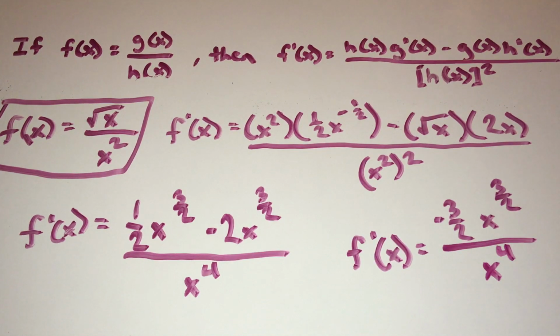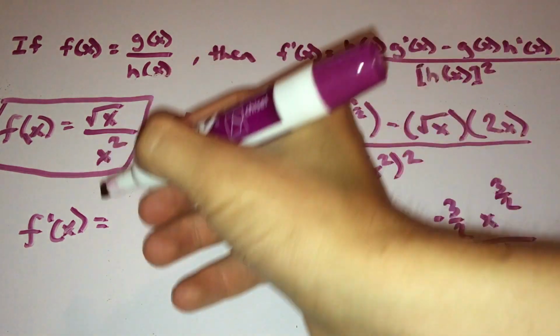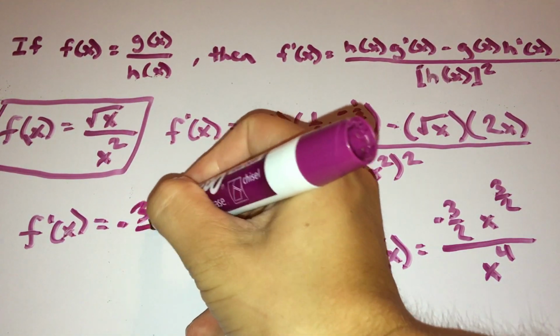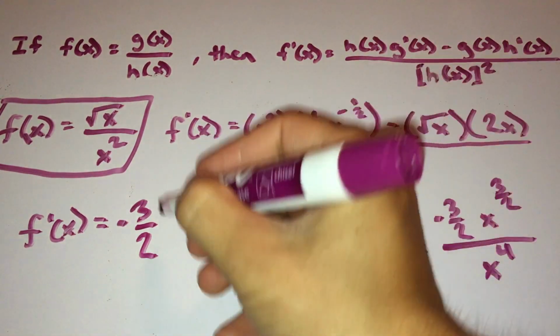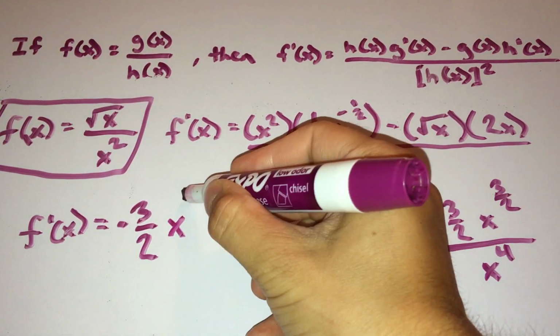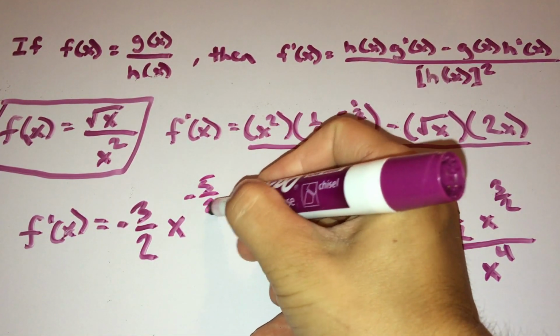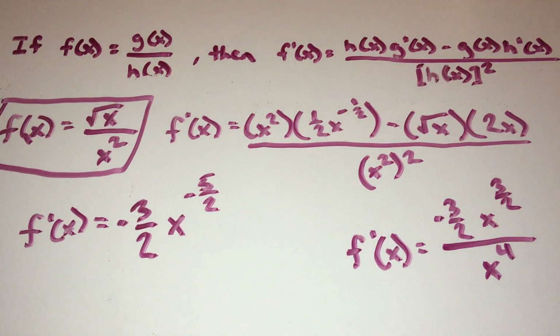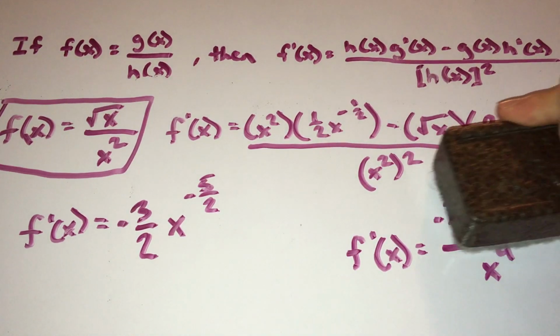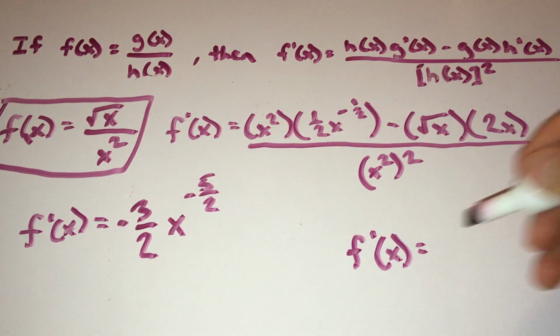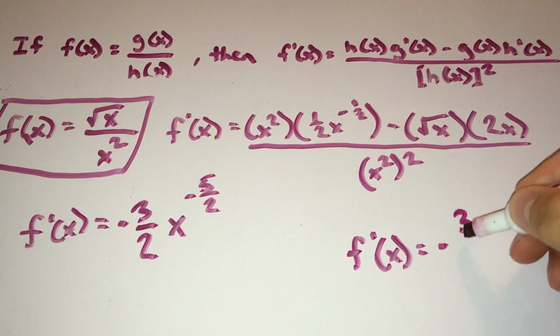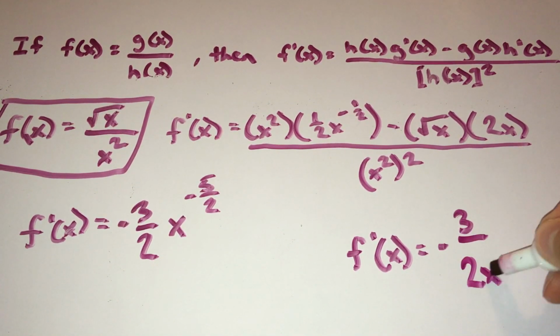And since we have x to the 3/2 in the numerator and x to the 4th in the denominator, we can go ahead and subtract 3/2 minus 4, and that will give us -5/2 for our power here. So we'll just move our x to the -5/2 to the denominator, so that way we'll have a positive power, which will give us our derivative, which equals -3 divided by 2x to the 5/2 power.